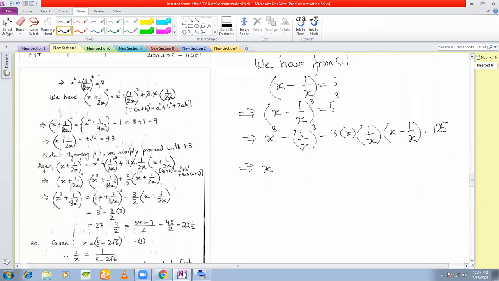So you have a cube minus b cube, and here what will happen? This x will cancel. You simply get thrice x minus 1 by x is equal to 125. That means x cube minus 1 by x cube minus, and what is the value of x minus 1 by x? It is 5.